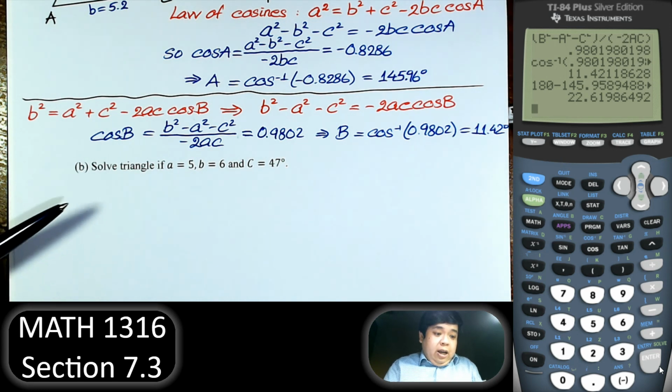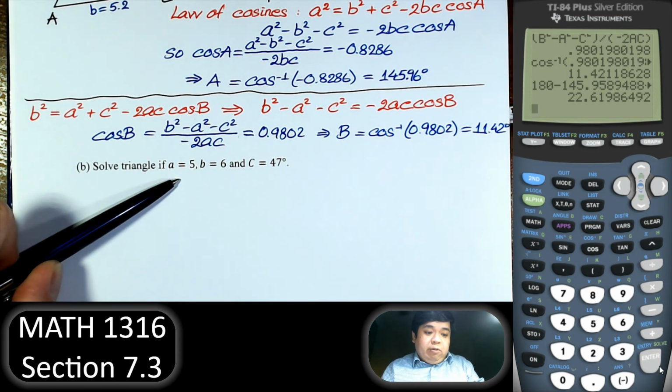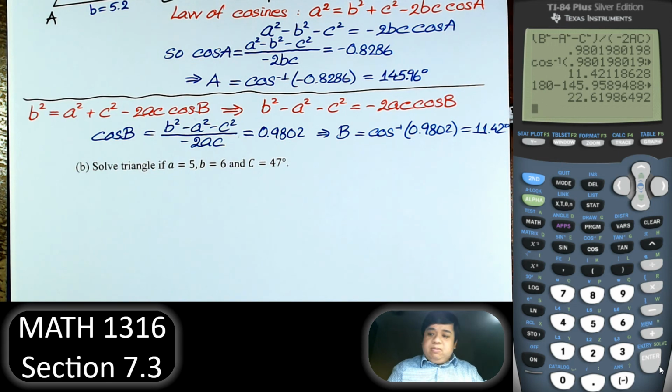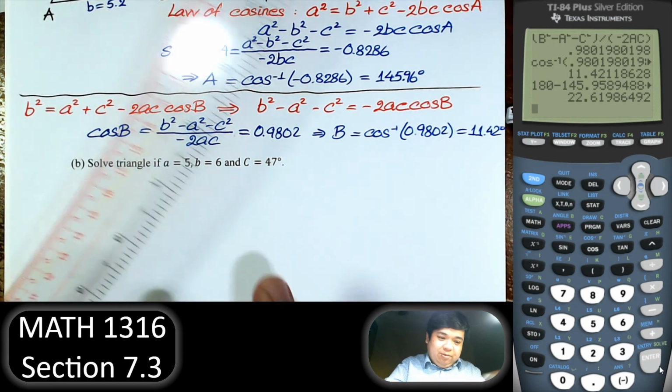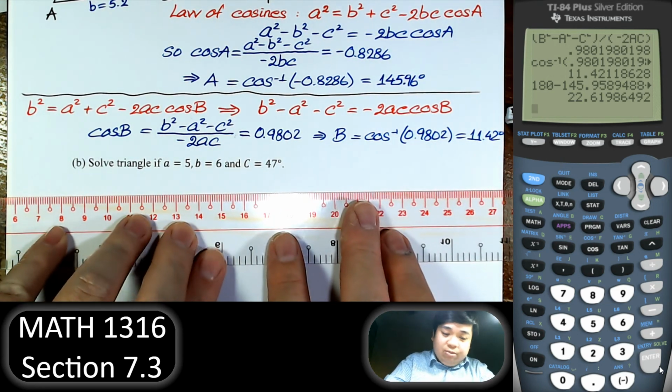Next, solve for the triangle if a is 5, b is 6, and C is 47 degrees. When we get used to it, we don't even need to draw the triangle. Let's see if we can do it without drawing the triangle.